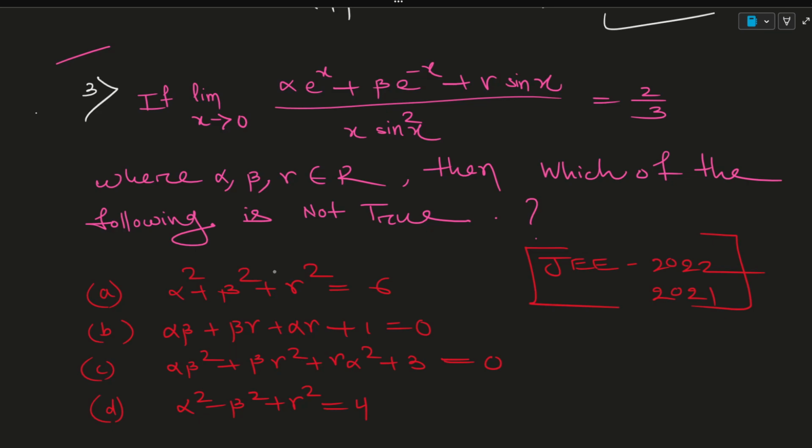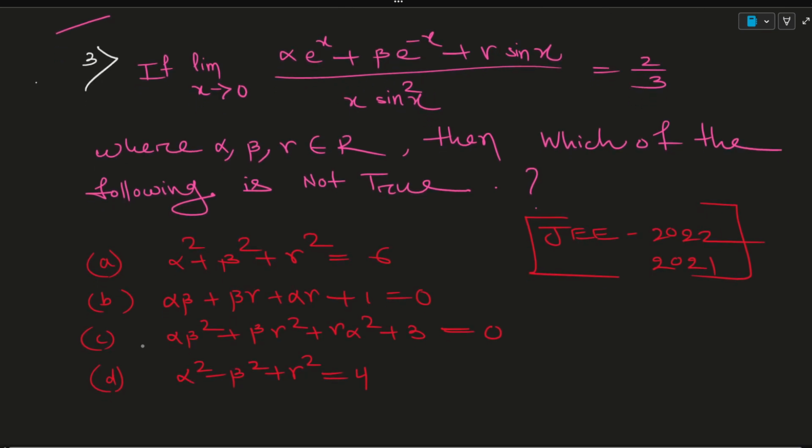So in order to answer this question, we need the values of alpha, beta and gamma. Then only we can conclude which one is true or not. So we will try to evaluate the values of alpha, beta and gamma from this question.